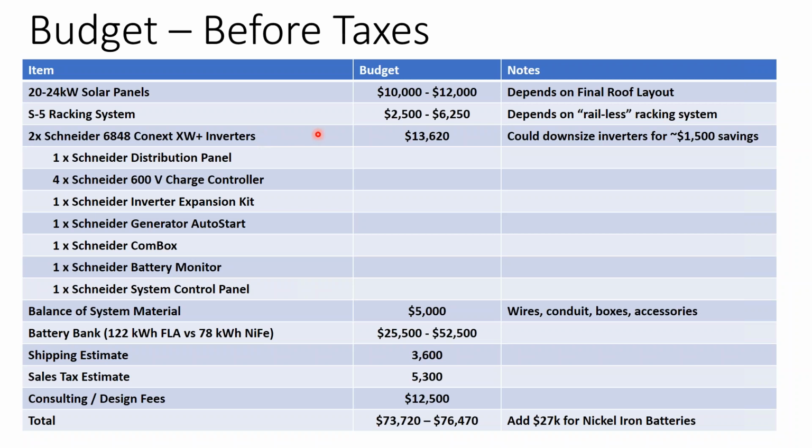So you're just buying more stuff. You're buying more capability. Balance of system material was pretty cheap. We spent about 25 grand on our battery. And so at the end of the day, this off-grid system is costing the client... The one item that's not included on this list is the generator. So at the end of the day, it's going to cost them about $80,000 to go off grid.